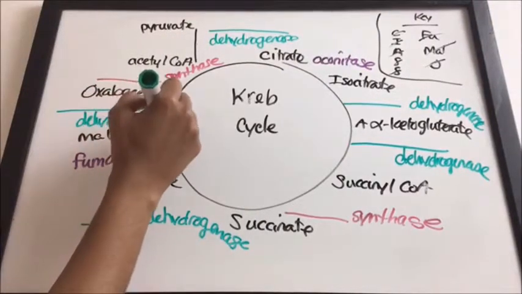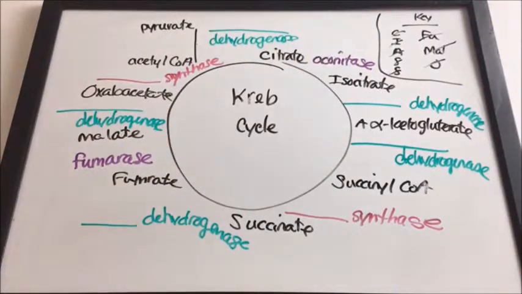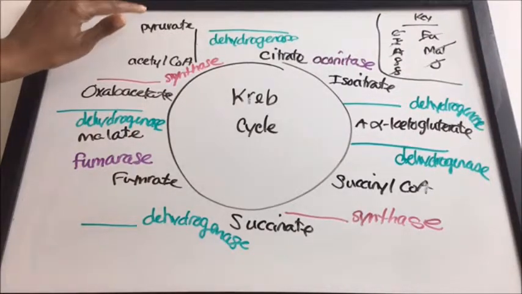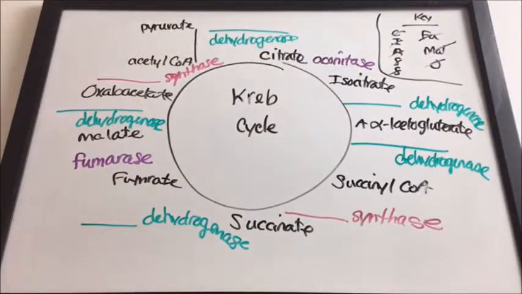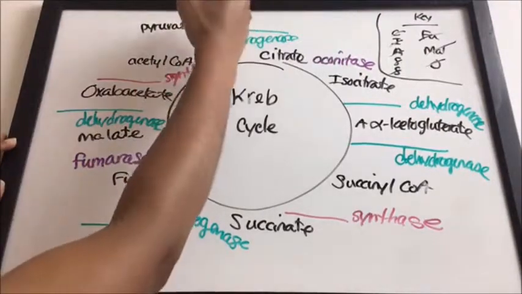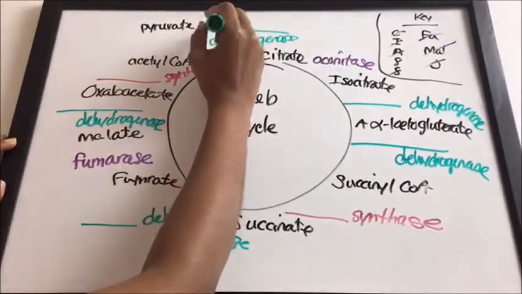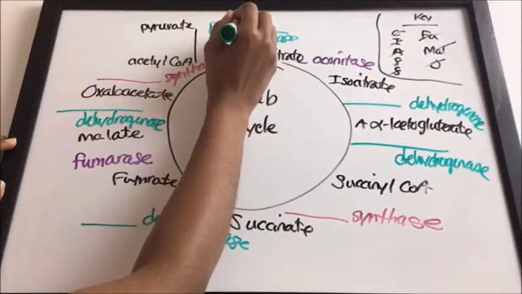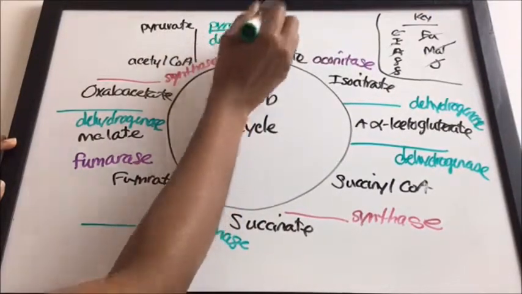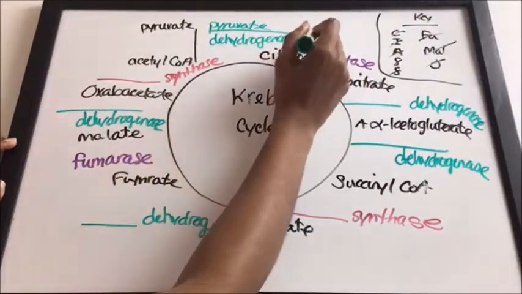All right, on to the names. So the first one's between pyruvate and acetyl-CoA. Bring over the name. So it's pyruvate dehydrogenase complex.